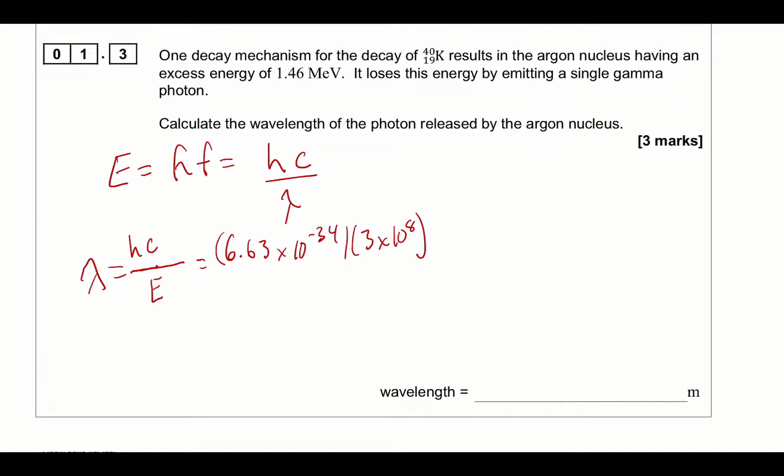It's actually 3.000 on the formula sheet. So we still got 3 significant figures everywhere. My energy, 1.46 times 10 to the 6. But that's in mega electron volts, so I have to multiply it by 1.6 times 10 to the minus 19 to get it to joules.